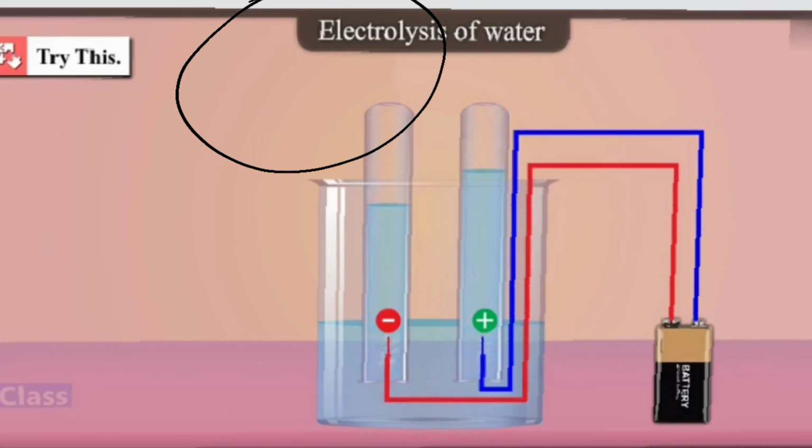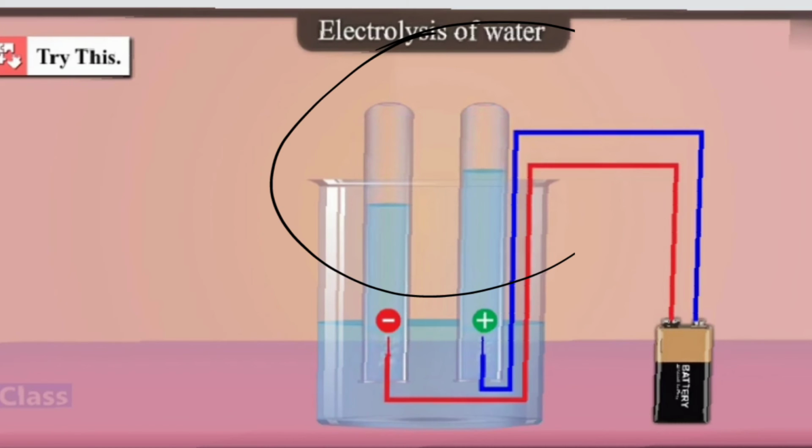In one test tube the water is more, and in the other test tube the water is less. That means somewhere here the gas is filled up, right? Because at the top part the gas is filled up, and the gas here is double the quantity of the gas which is here.